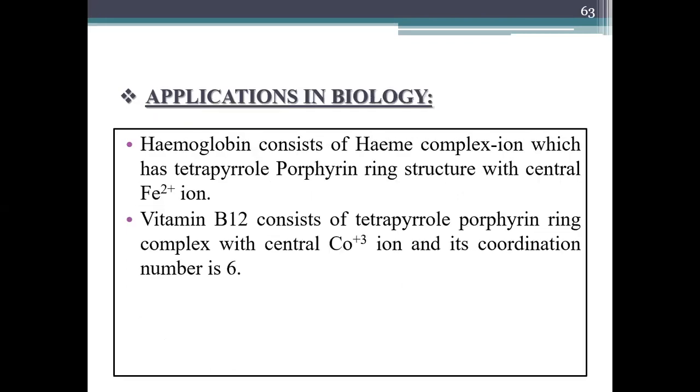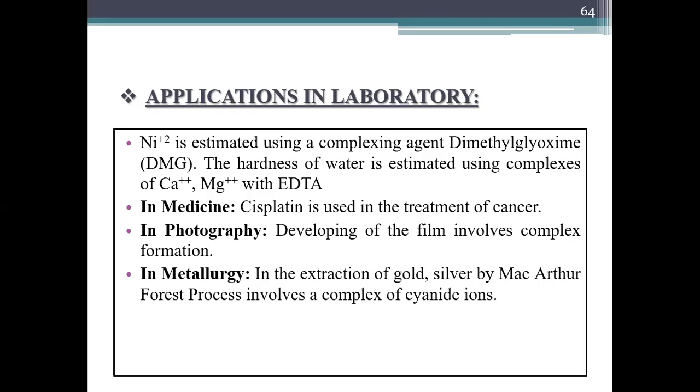Hemoglobin consists of heme complex ion, which has a tetrapyrrole porphine ring structure with a central iron ion. Vitamin B12 consists of a tetrapyrrole porphyrin ring complex with the central cobalt ion, and its coordination number is 6. Nickel is estimated using a complexing agent, dimethylglyoxime, DMG.